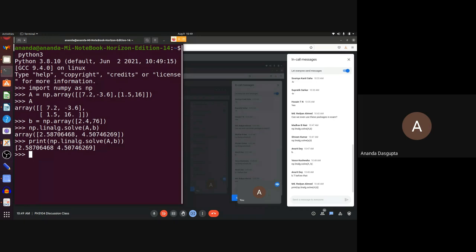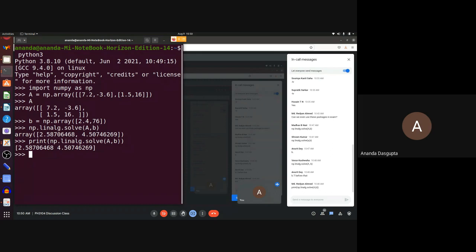So the linear algebra module also has the invert function, so you can actually invert the matrix and solve for it and so on. But there are many ways. This is not the only way, but this is one very easy way. Just ask the linear algebra submodule solve function to give you the solution.